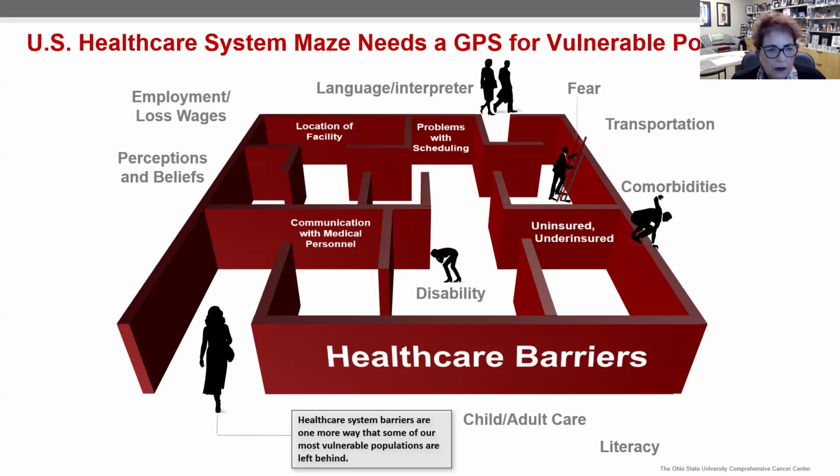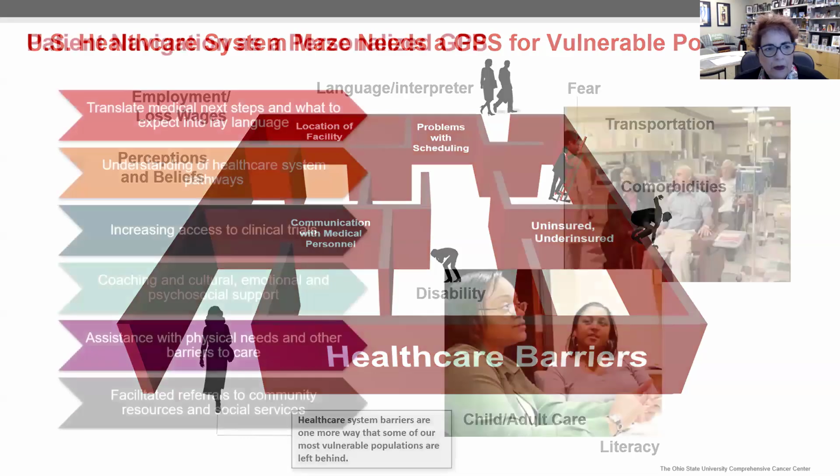And some of them, the communication with medical personnel, sometimes that's also a barrier. How to even get to the facility is a problem, and scheduling. And these are even more compounded if people are vulnerable, and they don't have systems that can help them.